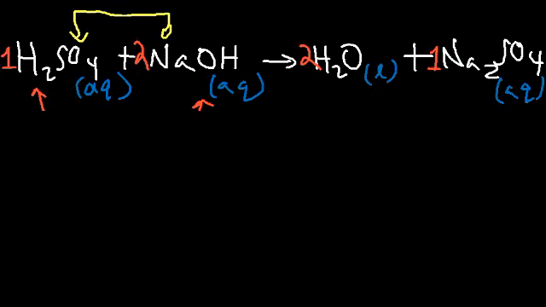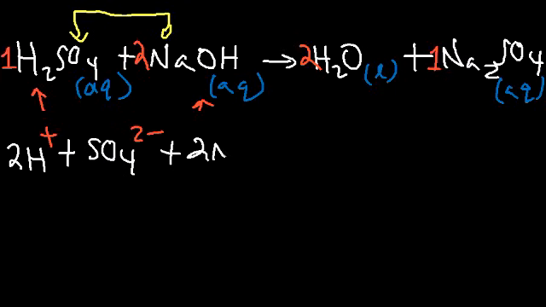So our next step is to write the total ionic equation. So every substance that is in the aqueous phase, let's separate it into ions. So H2SO4 can be broken into 2 H plus ions and 1 sulfate ion. Sodium hydroxide, it's Na plus and OH minus.